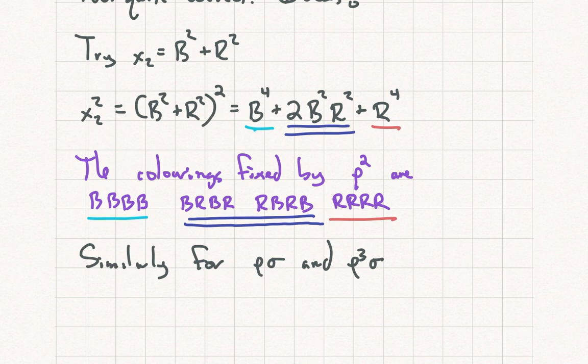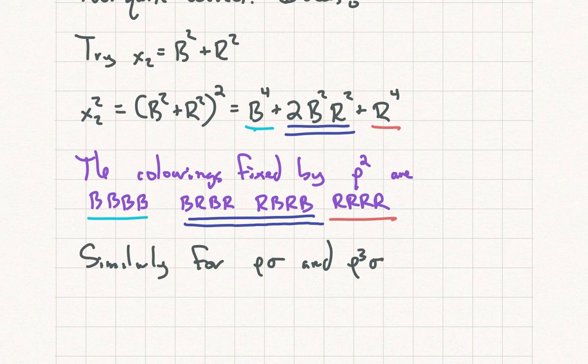And similarly, we found that if we plug in b squared plus r squared for x2, thinking of x2 representing 2 cycles, then x2 squared, remember, the cycle type x2 squared, that represented rho squared, so rotation by 180 degrees.